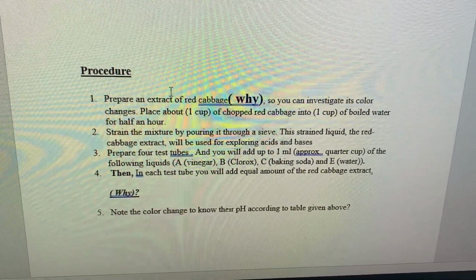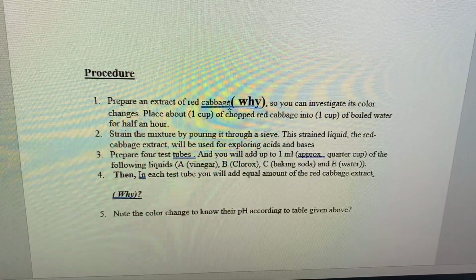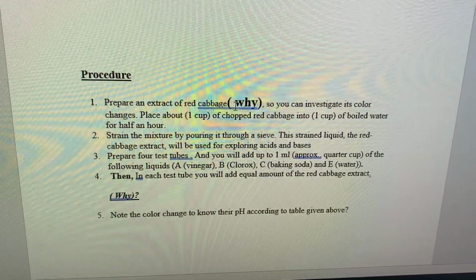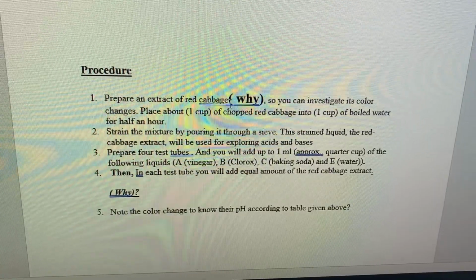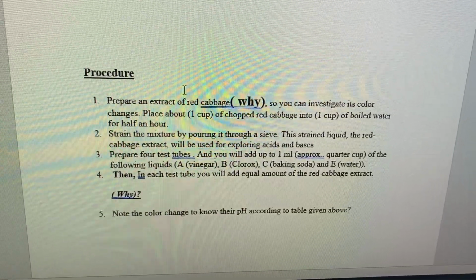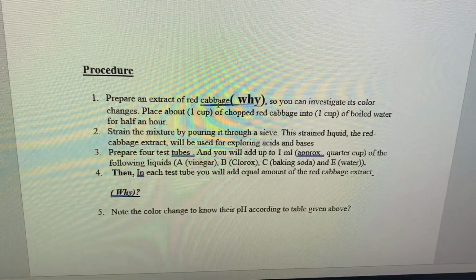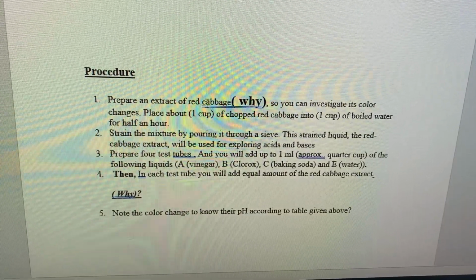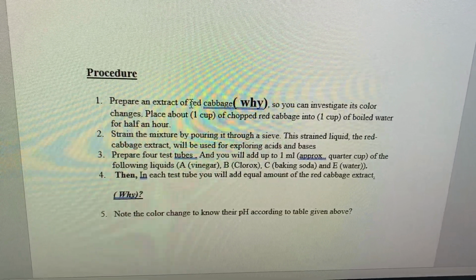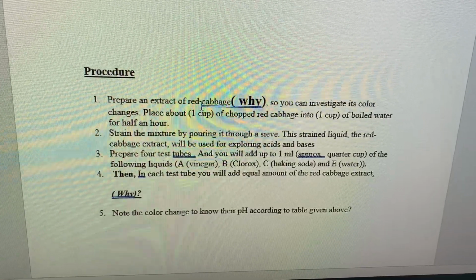It is about using red cabbage. You know what red cabbage is, right? We use it in salads. The red cabbage contains a very unique substance or molecule called anthocyanin.